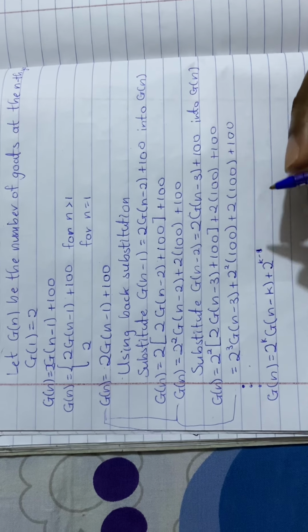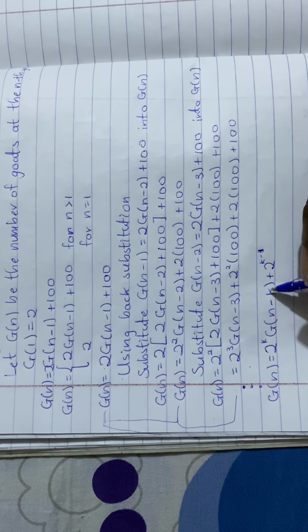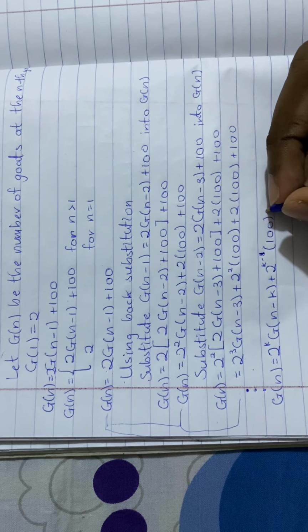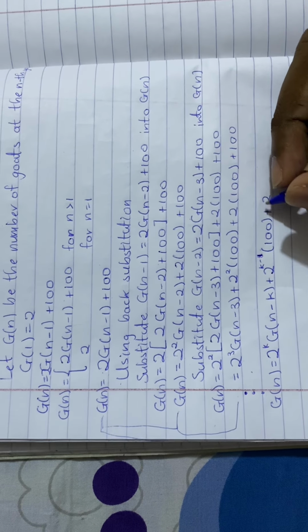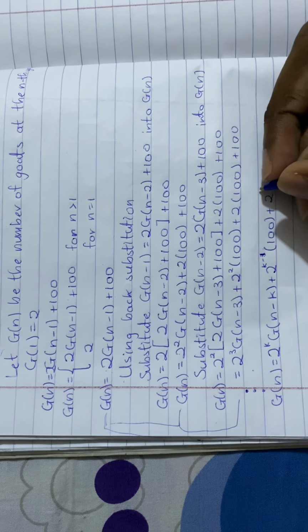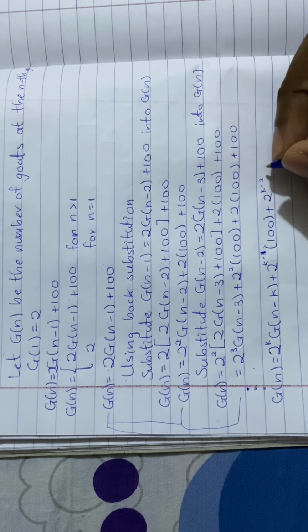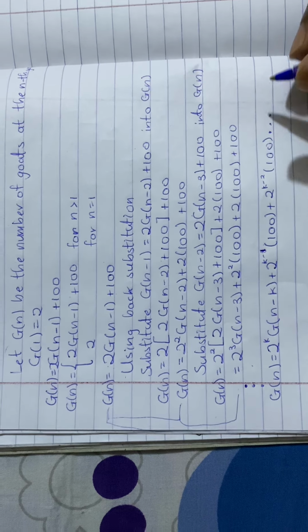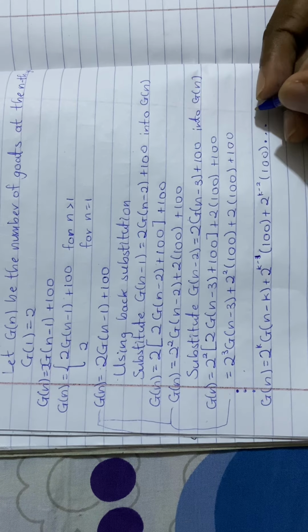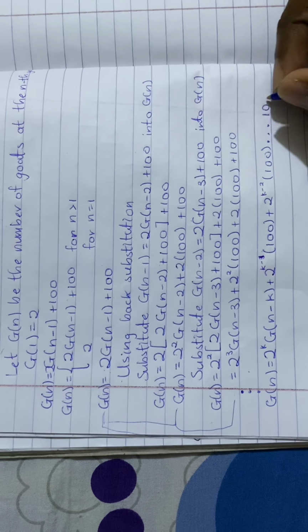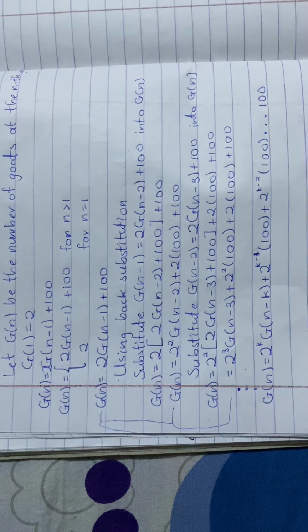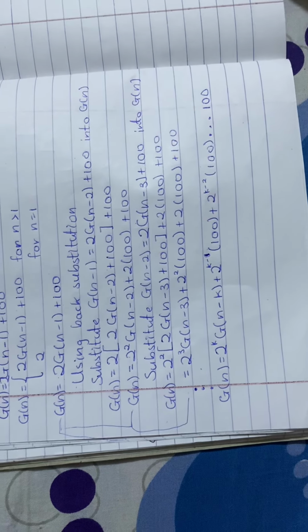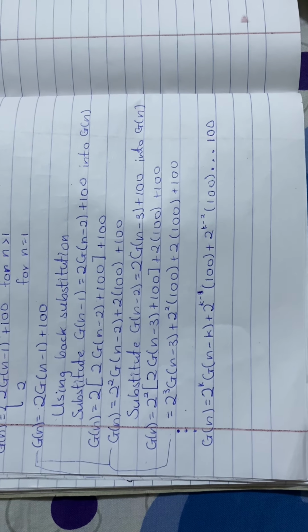Okay, and multiply it by 100 plus this 2 exponent k minus 2, multiply by 100, so it will continue on until we get to 100. Okay, so this is the general formula.